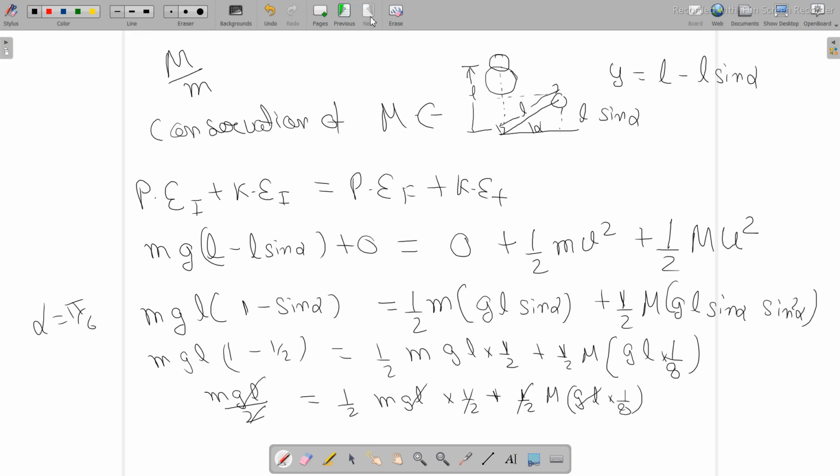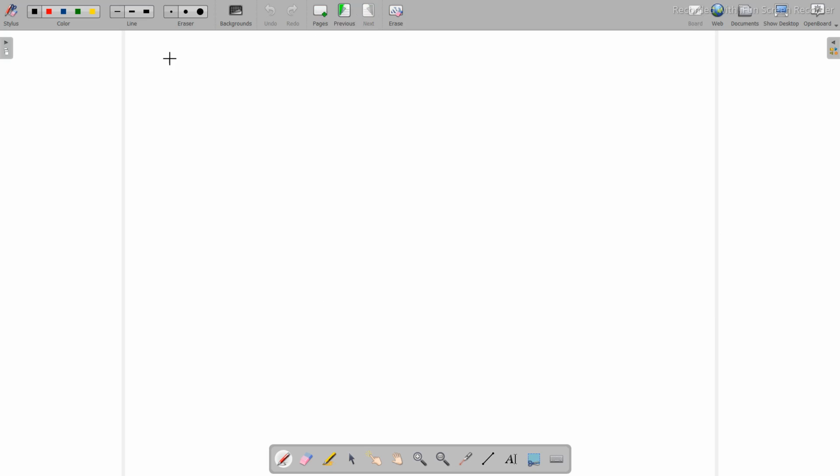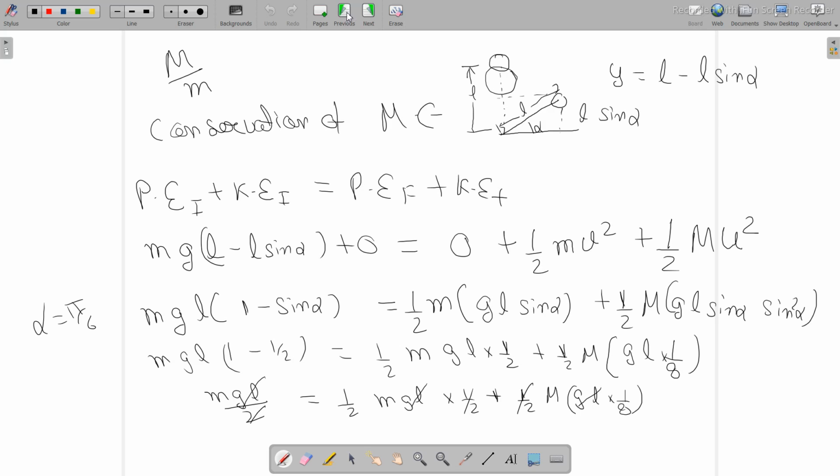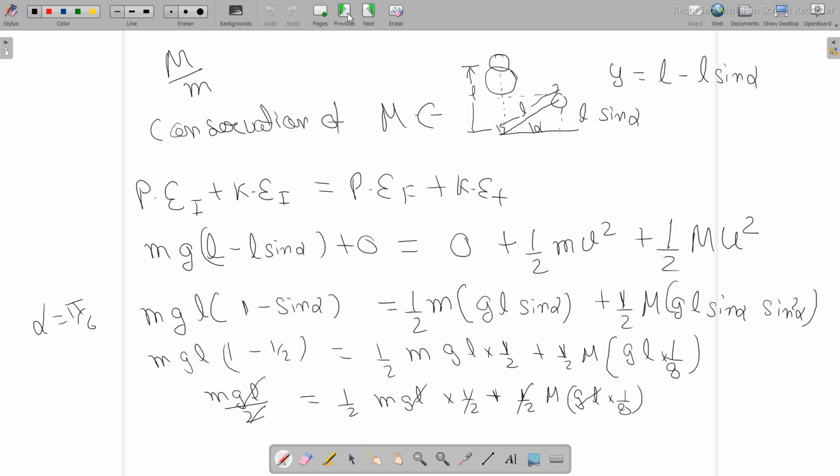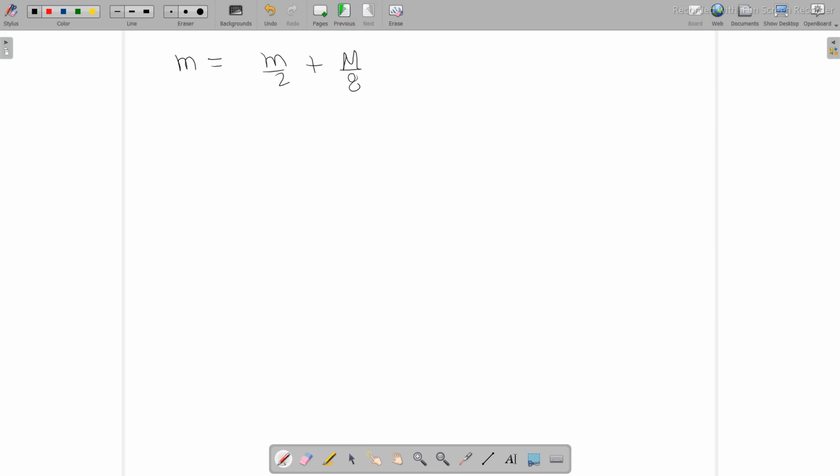Therefore, if we go on, from previous, we get m by 2 is equal to m by 4 plus capital M by 8, so m by 4 is equal to capital M by 8.